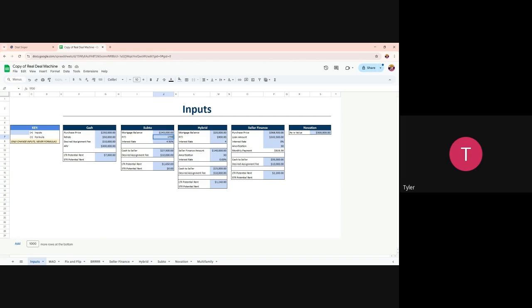I didn't want to plug that in wrong. Okay. So they owe 152,000. They got a 2.75 interest rate. Most we can give them is 15 if this is a straight sub two.